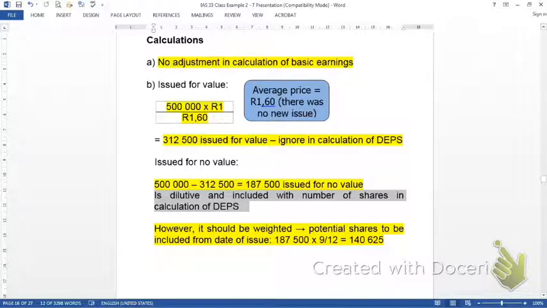However, because this is options and the exception, we also have to weight it for the potential shares to be included at the date of issue.